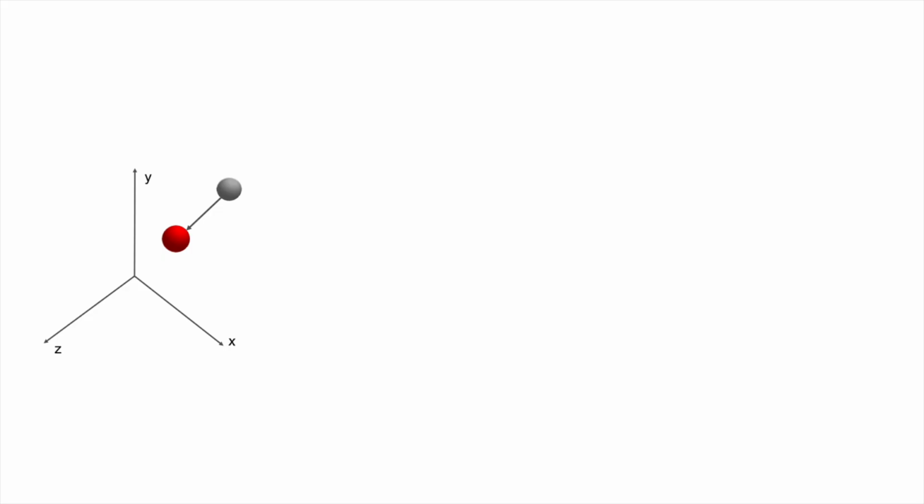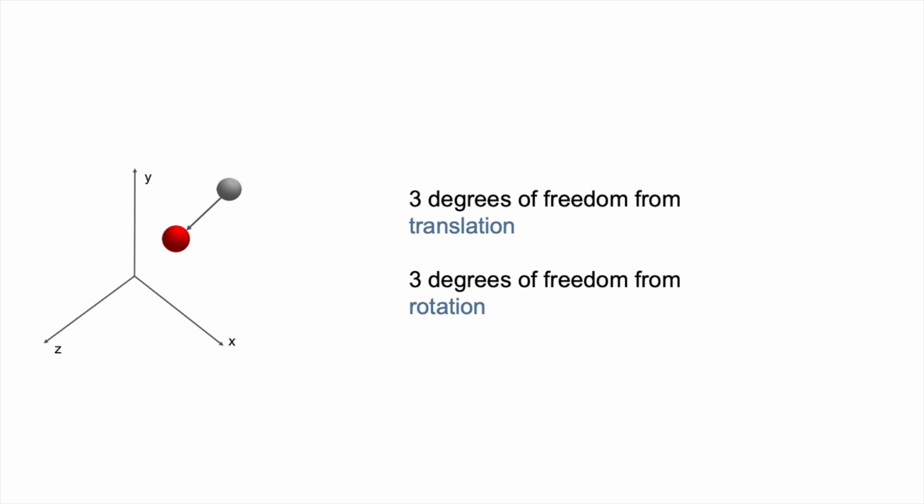Okay, now let's take a step back and look at how we actually perform message passing in an equivariant neural network. So when we do message passing, we have two atoms, one which is a target atom, which will be the red atom here, and we have a source atom, which let's say is a gray atom. Now, if we look at this, there's actually 6 degrees of freedom in this system, where we have 3 degrees of freedom from translation and 3 degrees of freedom from rotation.